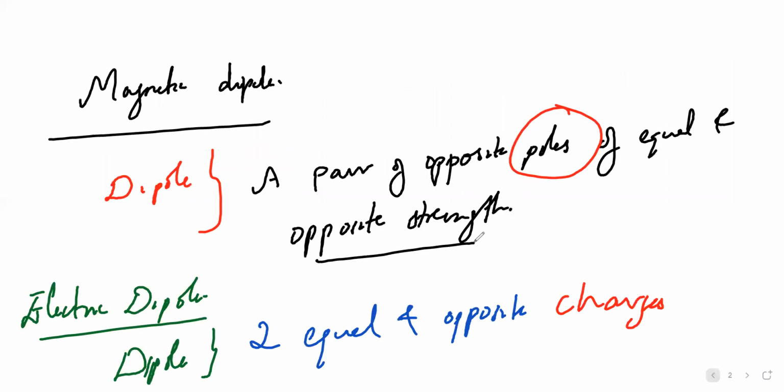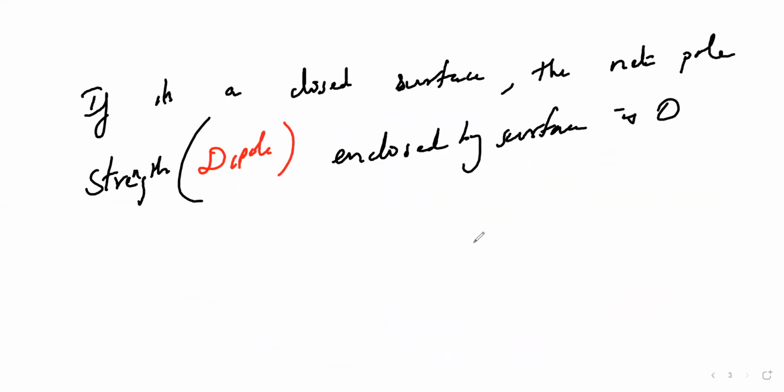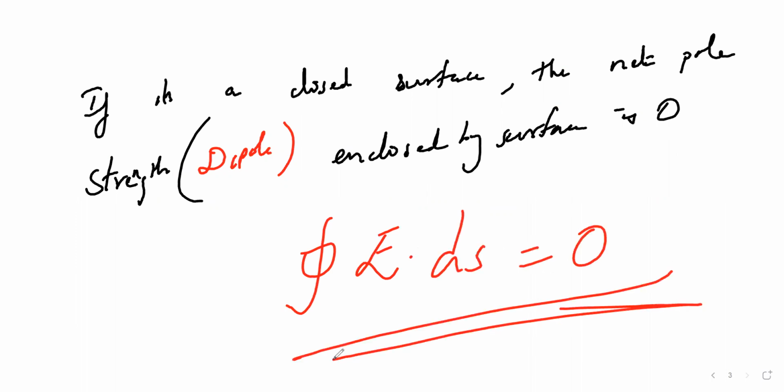Same thing, this is summation of B dot dS equal to 0. In the electric field chapter, the closed surface integral of E dot dS is equal to 0. So this can come as an option also.